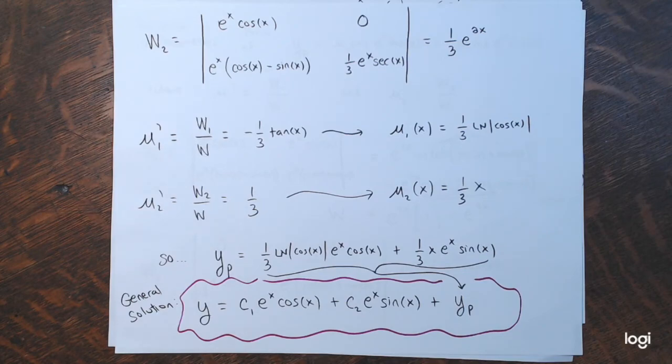Then take your general solution to the homogeneous, add the particular solution, and there's the general solution of the original differential equation. All right. Oh, and of course, make sure you put the original differential equation into the standard form for an nth order linear differential equation before you continue on.